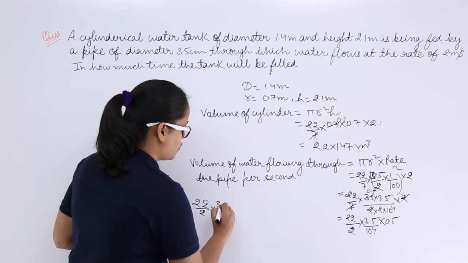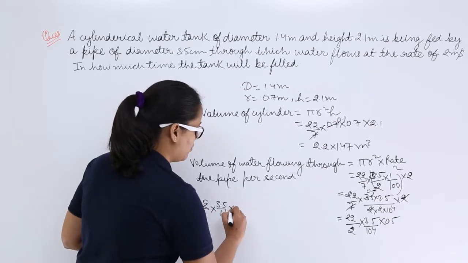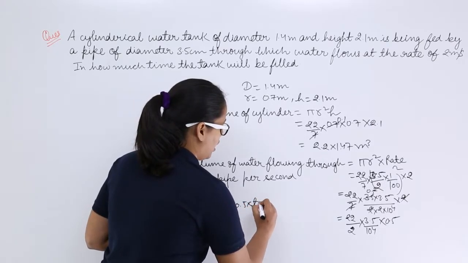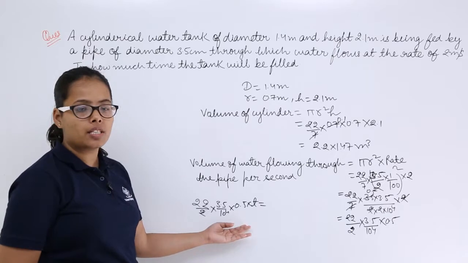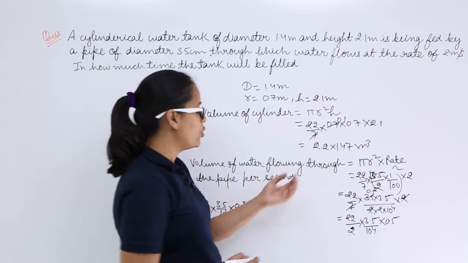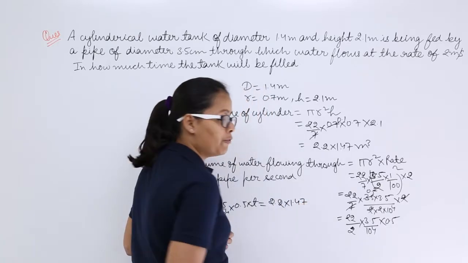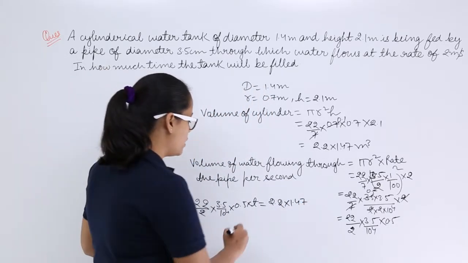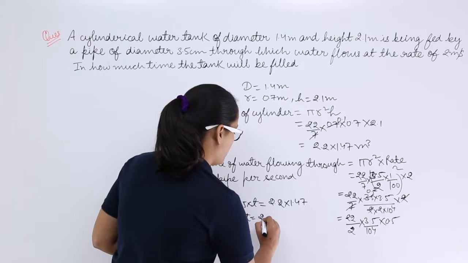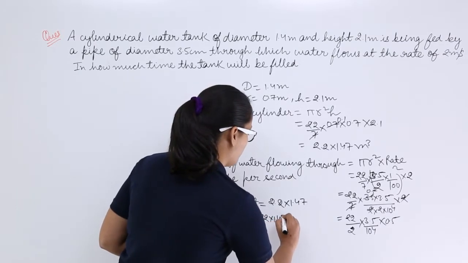Let's multiply this volume with the time, and after multiplying with this time, you need how much volume? You need this much volume: 2.2 into 1.47. So let's evaluate this expression for time t.